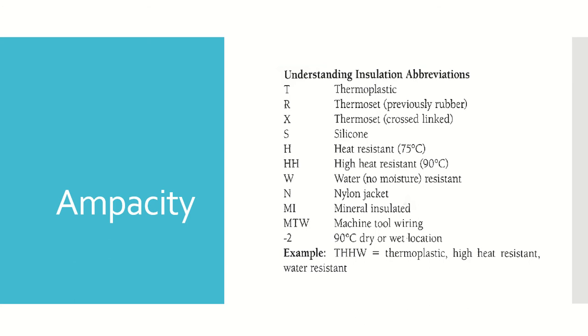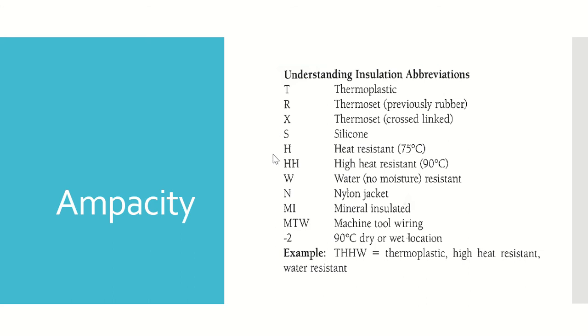And what those letters stand for are different abbreviations. You can see in this slide here, T stands for thermoplastic. If there's an R in those abbreviations, it's usually a rubber jacket. X is thermoset, so it's cross-linked.